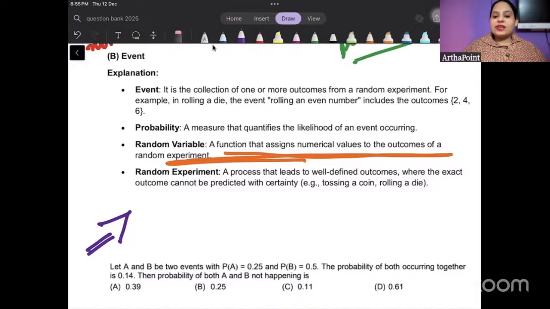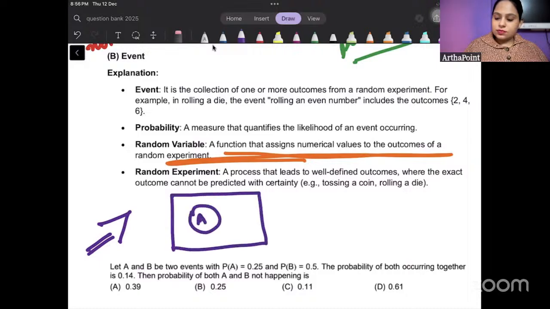Probability of both A and B not happening. ओके, probability of A and B not happening. बेटा देखो, look here, this is A happening, this is B happening. ठीक है, ये जो है this is both happening, दोनों हो रहे हैं, both happening.